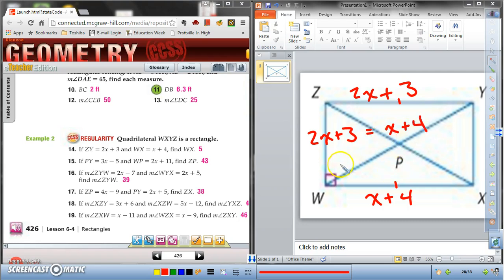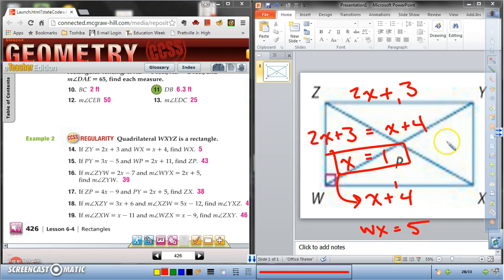And so then I can solve for x here and get that x is equal to 1, and then plug that in right there into the expression that represents the measure for WX. And so your length of WX would be 5.